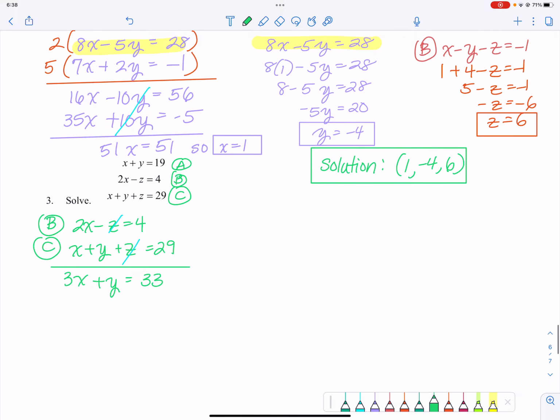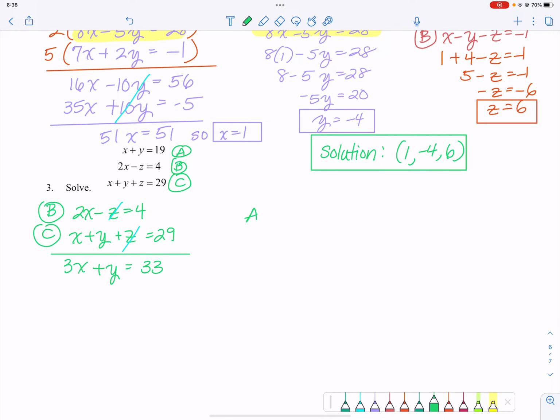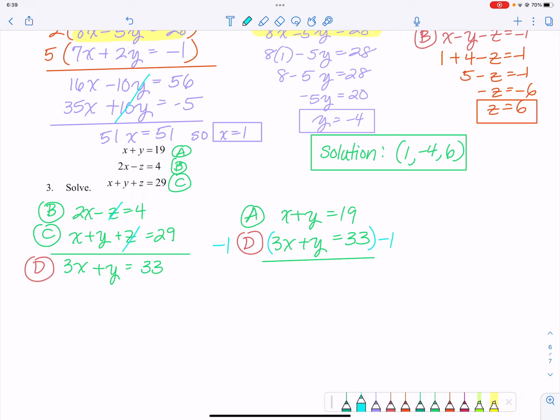So since A doesn't have a Z in it, we now could use A with our new equation that we could call D, and here we could multiply D by -1, and I could put that in front.